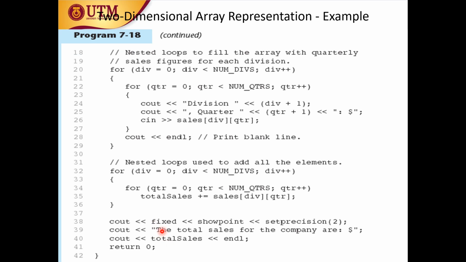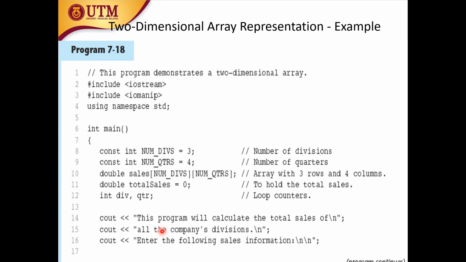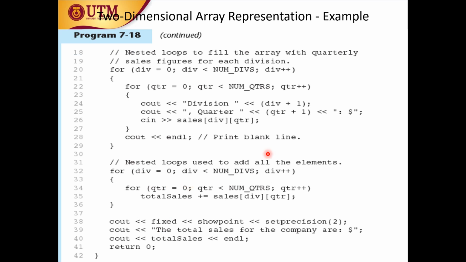And look, the total sale is going to be 0 at the beginning. We need to add every single element to that total sale. In order to access all the elements of a two-dimensional array, we need to use a nested loop. The first loop is for accessing the rows, while the second one is for accessing the columns.